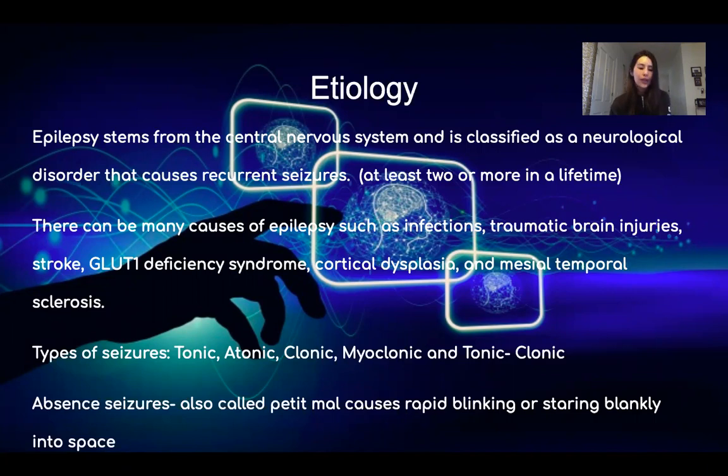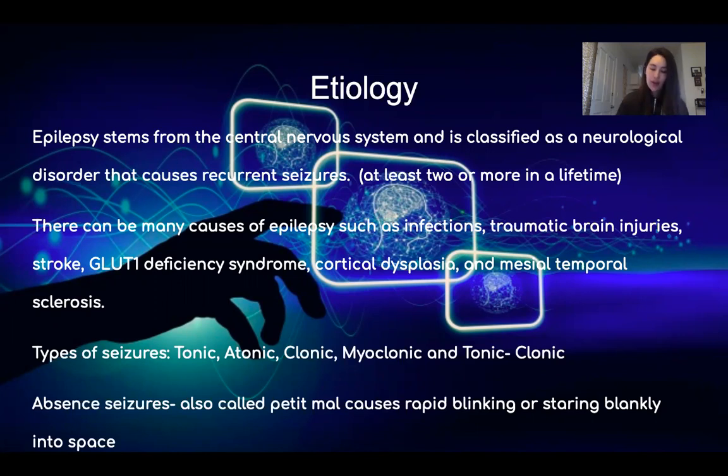And then there are deficiencies like GLUT1, which is a deficiency of your brain not getting enough glucose. There is cortical dysplasia, which happens before a child is born.